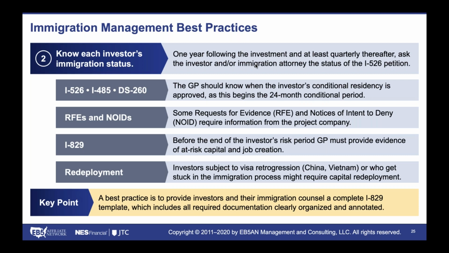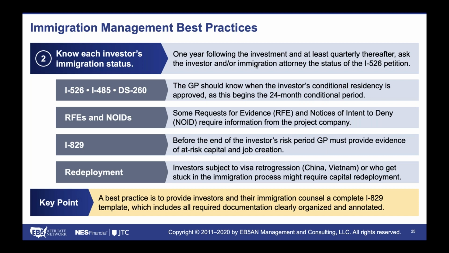Right. The immigration workflow is a product capability that we developed, as Mike says, to really help manage all of the complexity associated with this. As I said before, each investor is on their own journey and own timeline. There may be different issues that come up along the way for them, such as a request for evidence, as an example, on a specific application or a petition that's unique to that individual investor. But there are many other things that are common to the investors that are important to capture as evidence along the way.